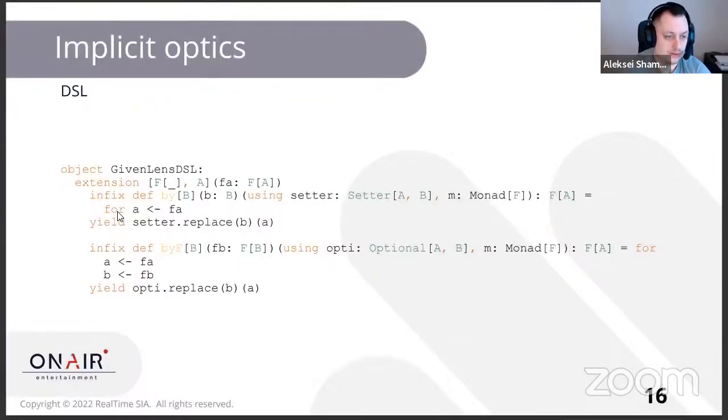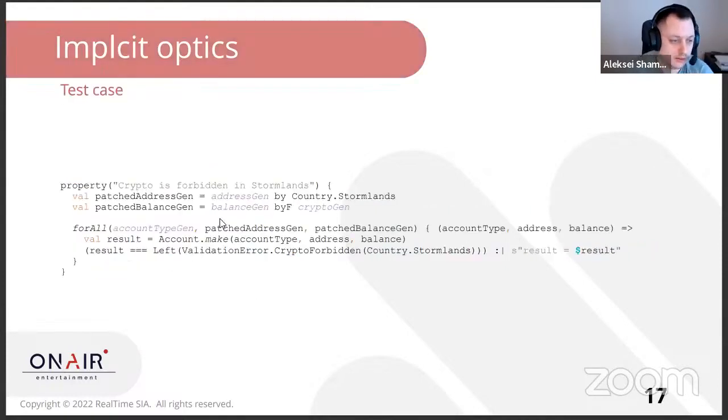Then we need to change our DSL a bit to work with optics as implicits, but the logic basically is the same. If you have a generator of f of a and f of b, we can generate these values and we can put b inside a here and there. And in this case, we can write the test this way.